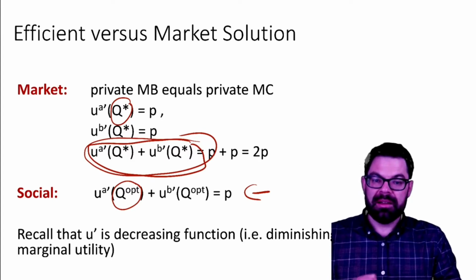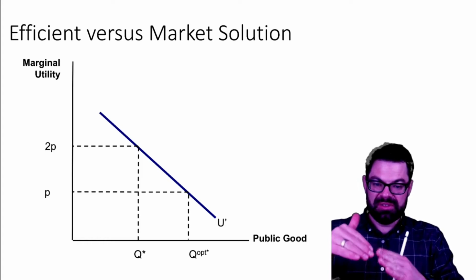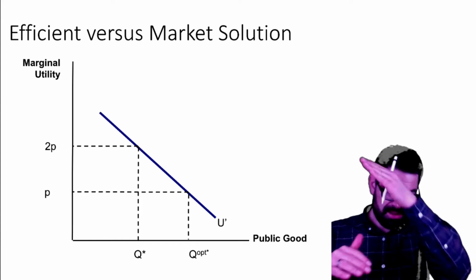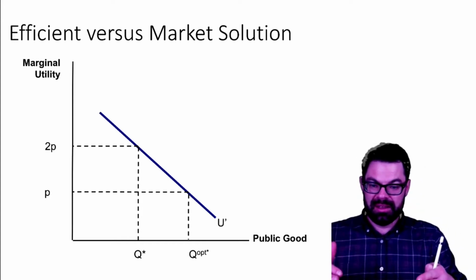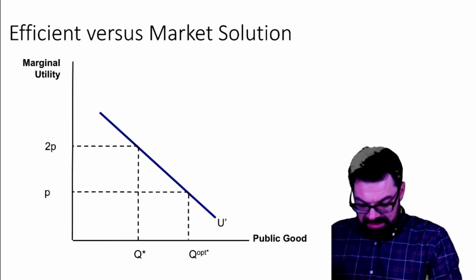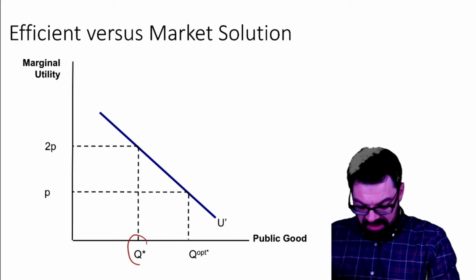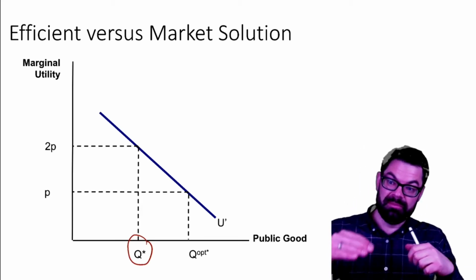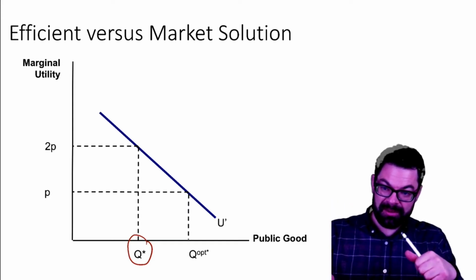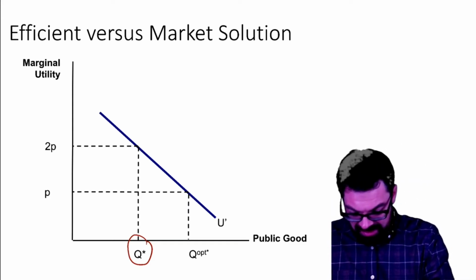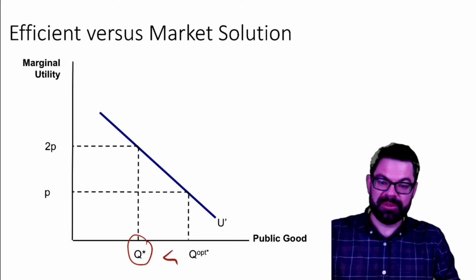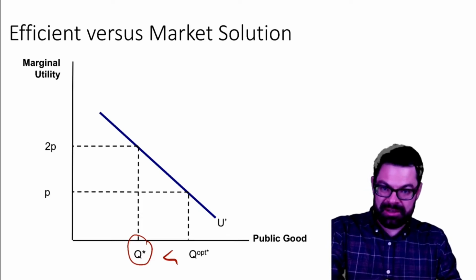Okay? And now we know that the marginal utility decreases in Q. Okay, so that curve is downward sloping. So if we know that at the amount that is chosen non-cooperatively the marginal benefit is higher, it must mean that the amount provided of the public good is lower than what the social planner chooses.